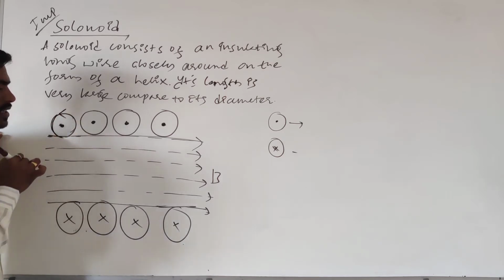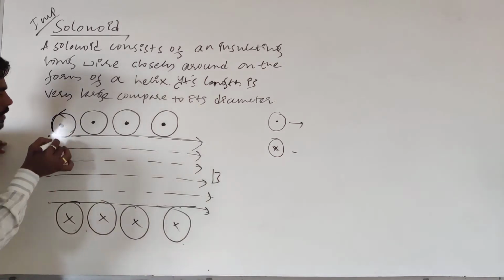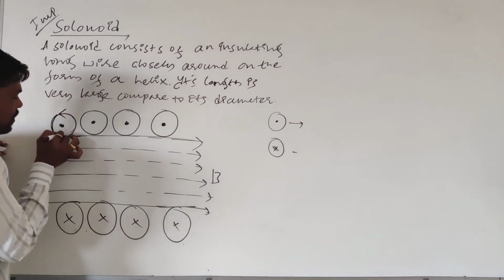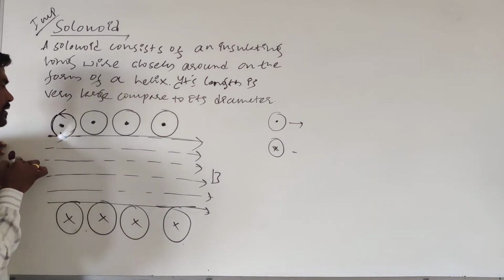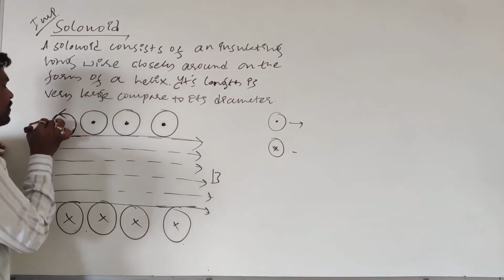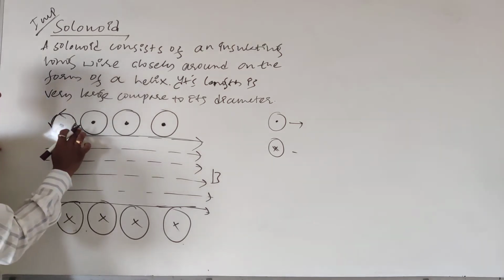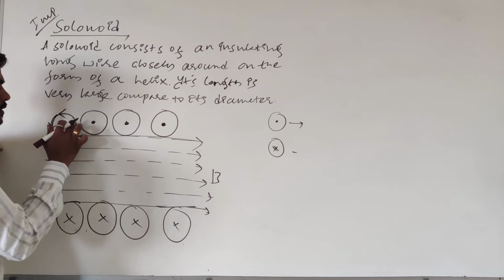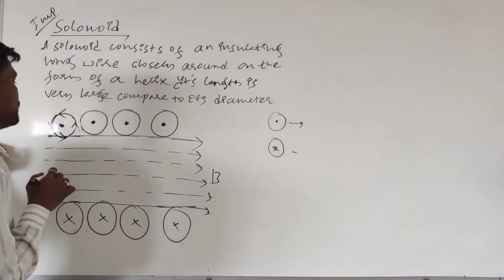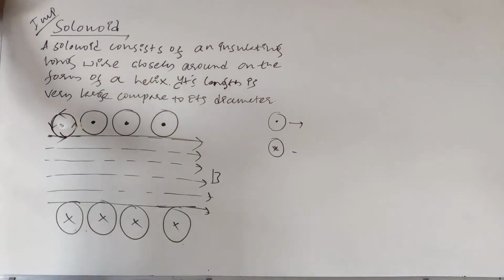The current direction is like this, anti-clockwise, right? So then here this is like this, right? So this is once again, if I am going to do like this here, this one, this one, right?